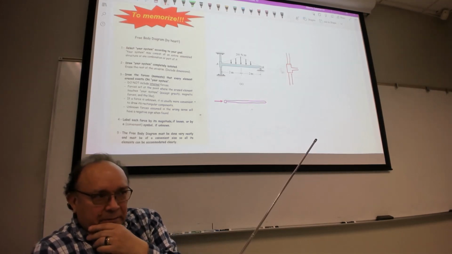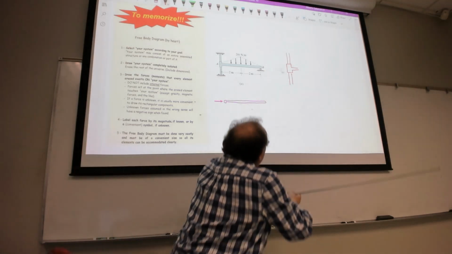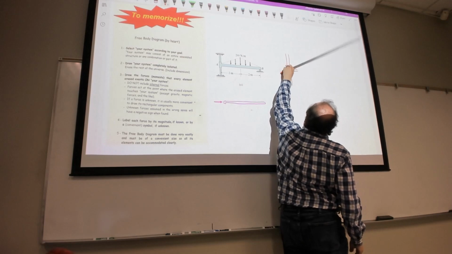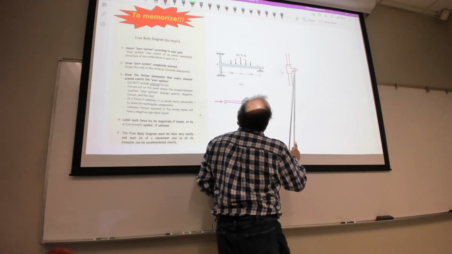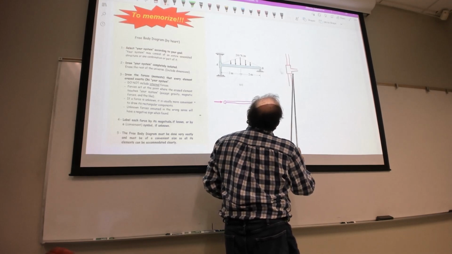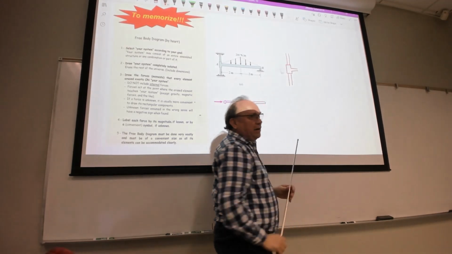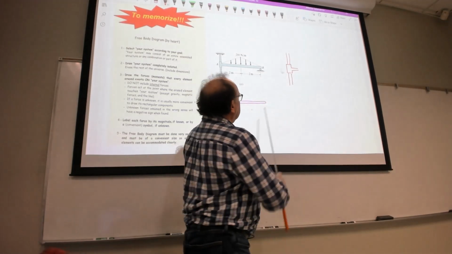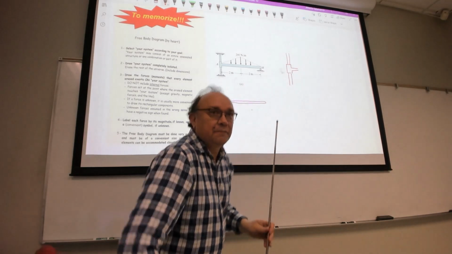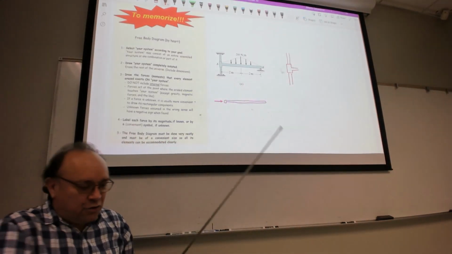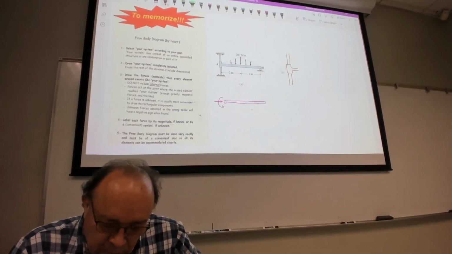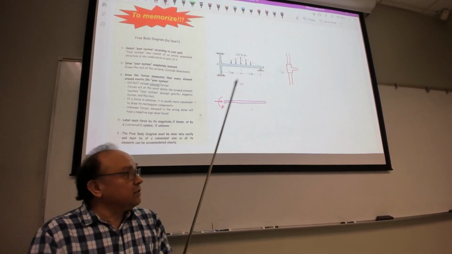Now can you rotate this like this? Can you rotate it? This cannot rotate because of this configuration, right? In order for this to rotate, you have to bend the bar. If you rotate this, you bend the bar and you break the structure, right? Is it clear? So there is a moment here that opposes the rotation.